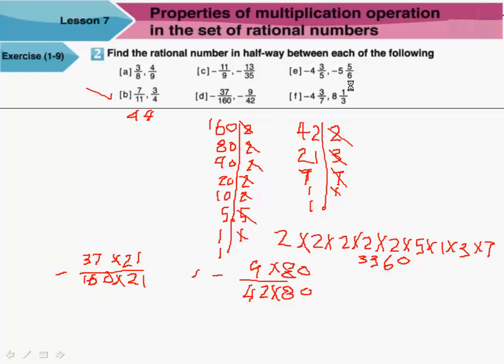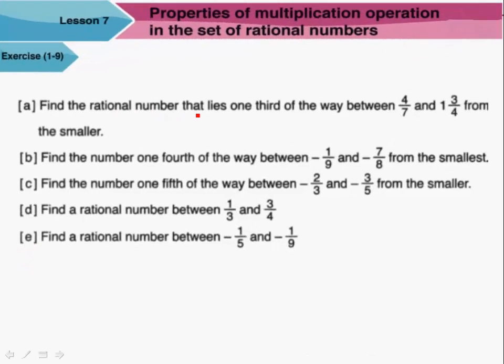I think all can be solved using this way. So you have to try to solve all of these from A to F. Find the rational number that lies 1/3 of the way between this and 1.